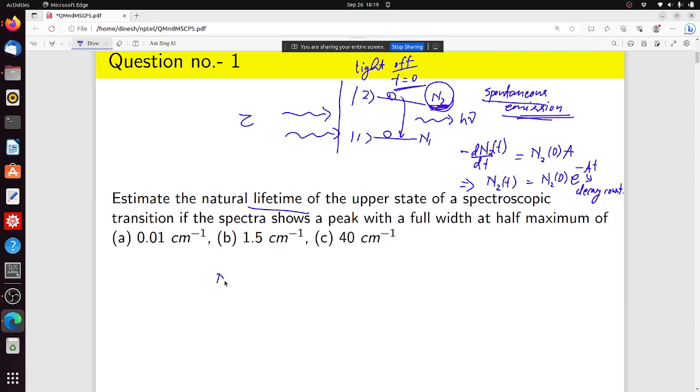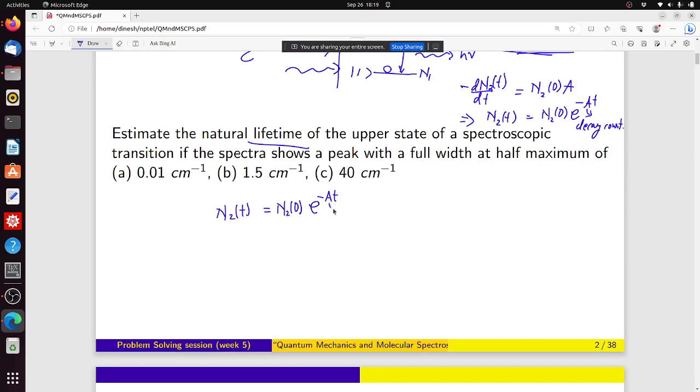Okay, let me write here. So A is called the decay constant, and we define lifetime tau as the time t equal to tau is equal to 1 over A. We take this time equal to 1 over A, so that the function e to the power minus At will go to e to the power minus A times 1 over A, so it will go to e to the power minus 1.